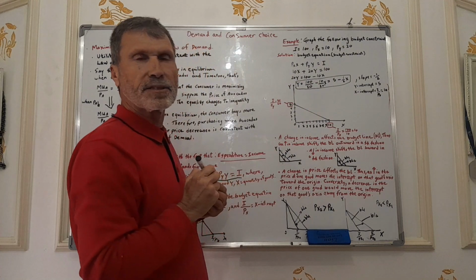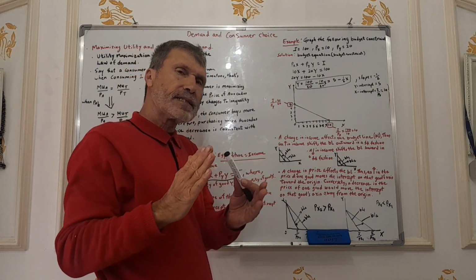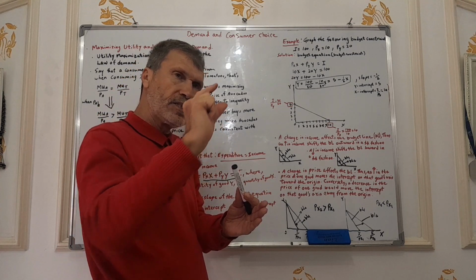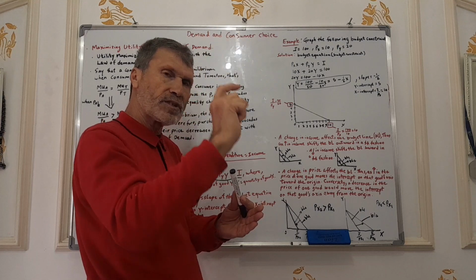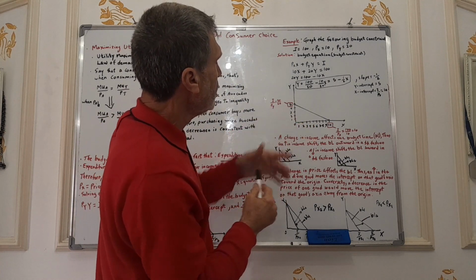So this is the X-intercept. Just plug it in the formula. The X-intercept is the income over the price of X, the Y-intercept is the income over the price of Y, and this is how we do that.